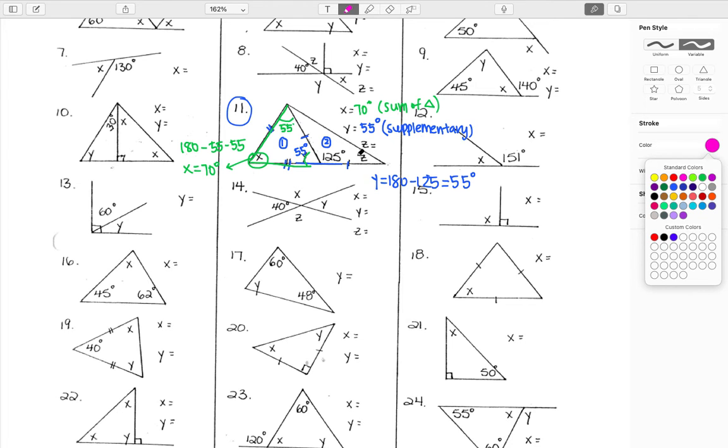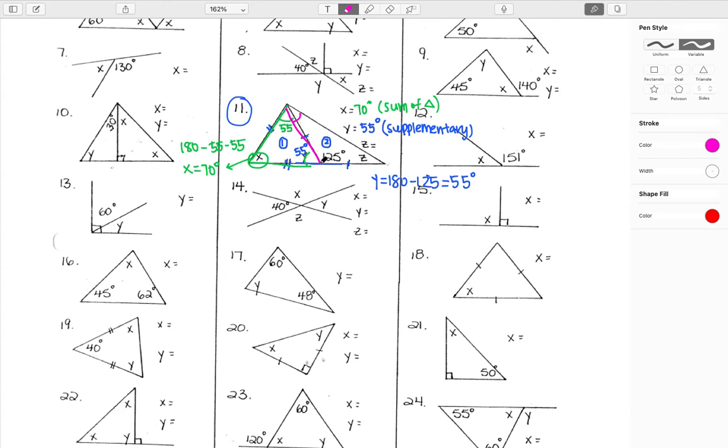On the other hand, to find z, we see a tick mark here, so that means this angle with this tick mark must be the same. To find angle z, we know that the sum of a triangle is going to be 180 minus 125, which is 55 degrees.